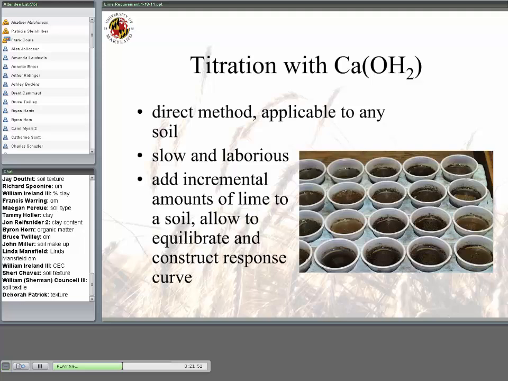So you set up your lime test information on one day, and you come back about a day later, and you read the pH of each one of these, plot it, and determine what your lime requirement is for whatever pH is indicated by the crop the person is going to grow. So you can see that while this is a direct method, we are actually adding lime to soils, carefully measured amounts, and looking at the pH and plotting a response curve. This has time and money written all over it.